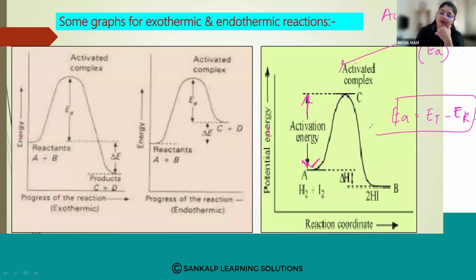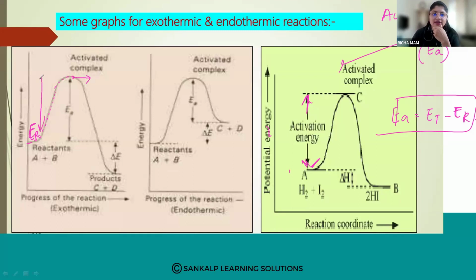This is clear. Consider this particular graph. Now the energy required by the reacting species follows a path and reaches a certain point, where it forms an activated complex.